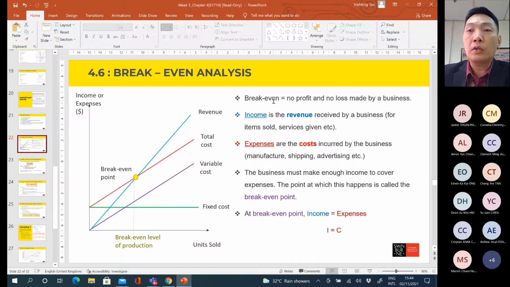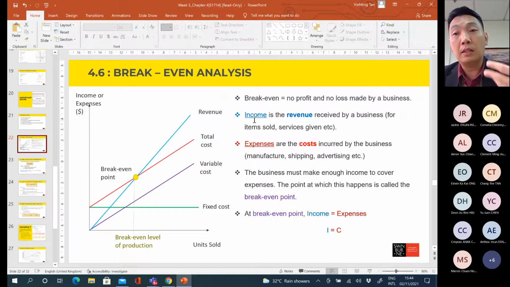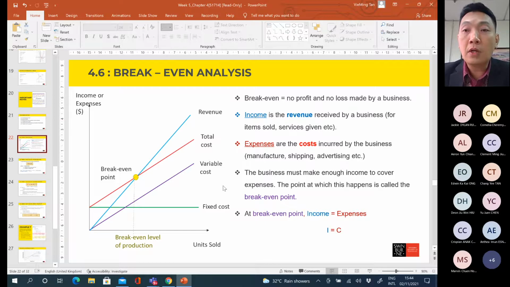Income here refers to revenue. All of the revenue received by a business is called income. It can refer to the sales that we receive from customers. So how about expenses? Expenses are all the costs incurred in running a business. These costs can be manufacturing costs, shipping or delivery costs, and advertising costs.